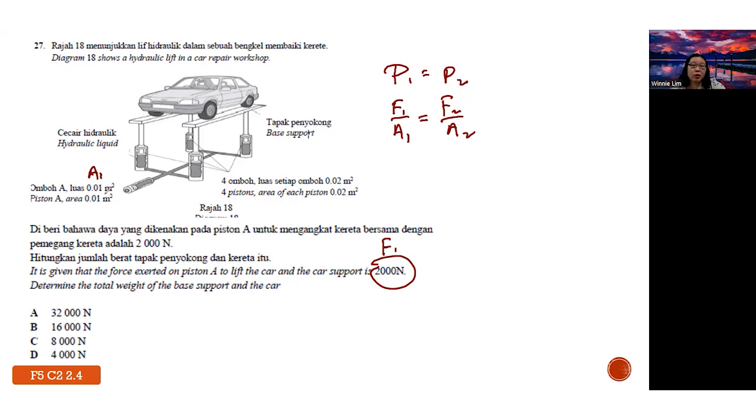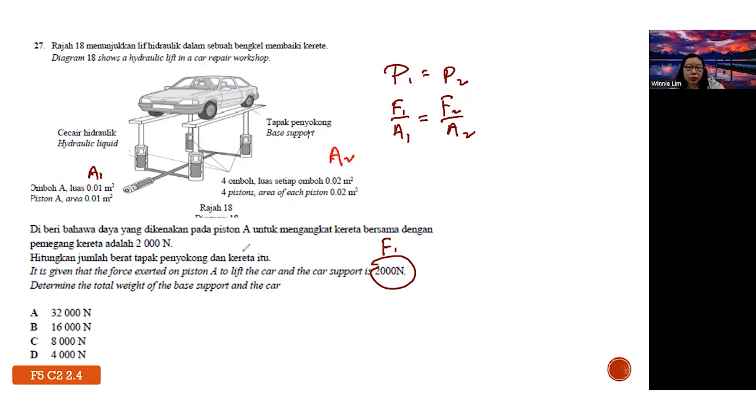You all need to label correctly which one is A, which one is 1, which one is 2. This A is A1. Then the area of each piston is 0.02, so that becomes A2.